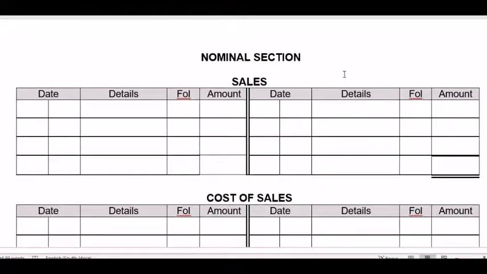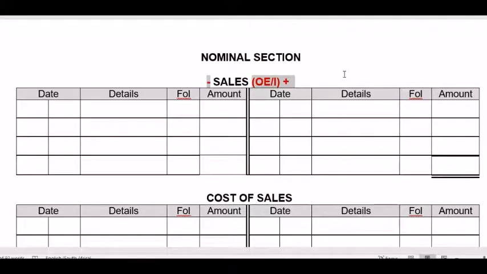And then in your nominal section, we only work with 2 accounts: sales, which is an owner's equity income account that increases on the plus side. If you watched the video that I posted on Monday, you would have heard that I gave you a little tip. In Form 2, the nominal section accounts are only ever affected on their plus side.